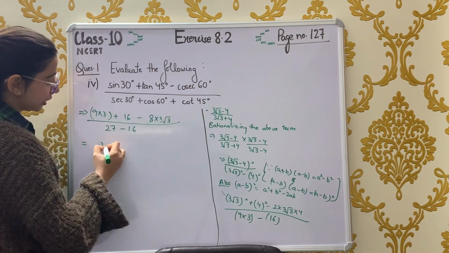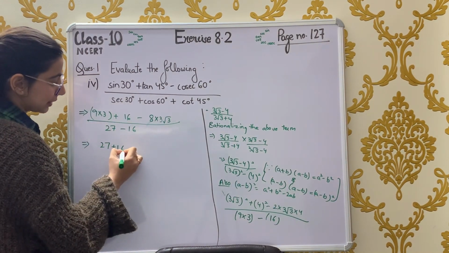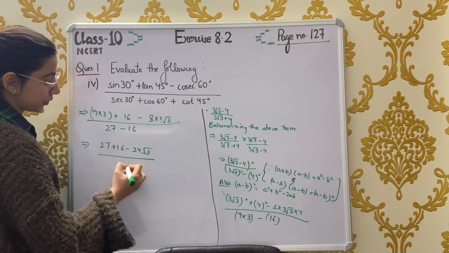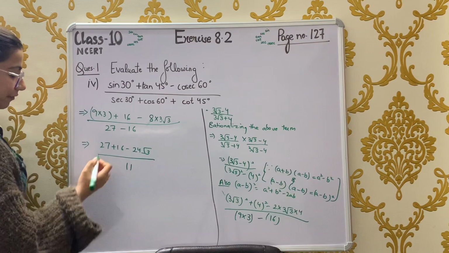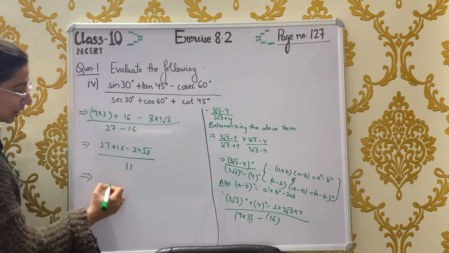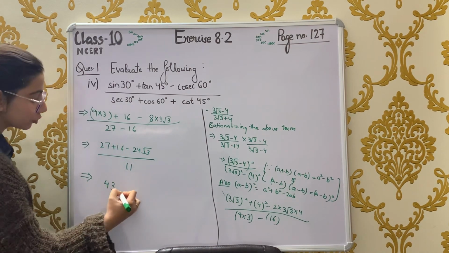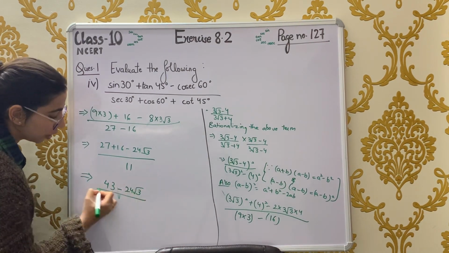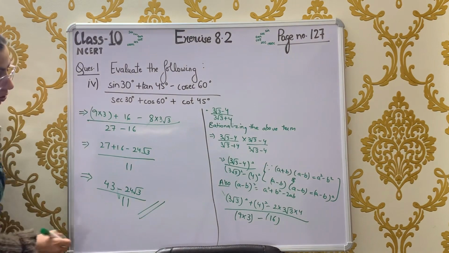In the numerator, 9 into 3 is 27 plus 16 minus 24 root 3. 27 minus 16 is 11. 27 plus 16 is 43. So 43 minus 24 root 3 upon 11 is our answer.